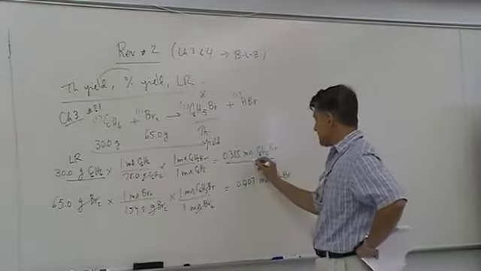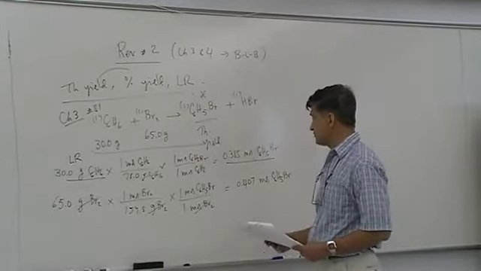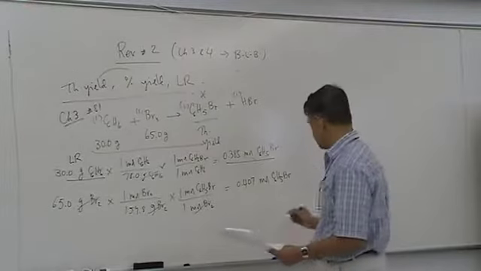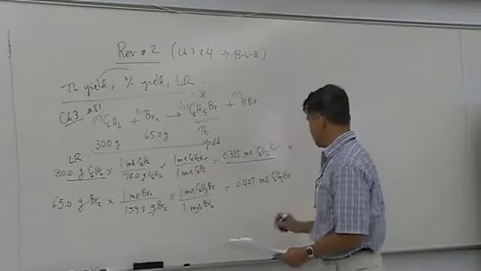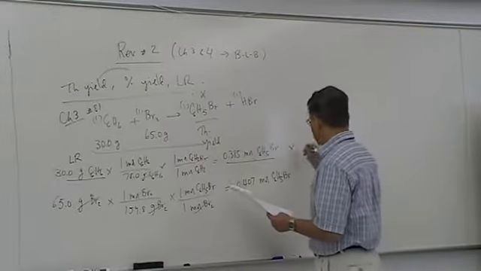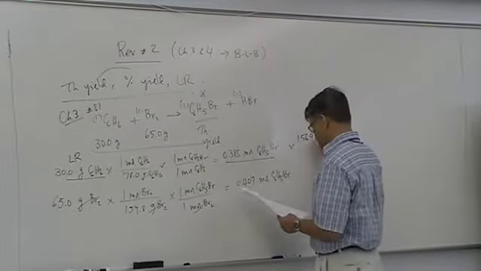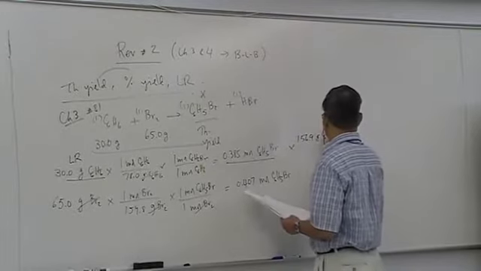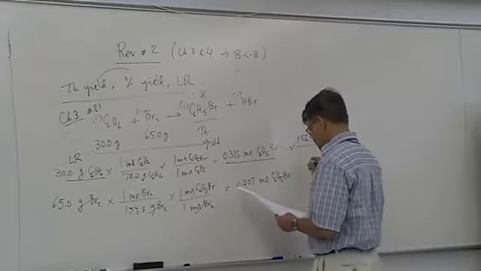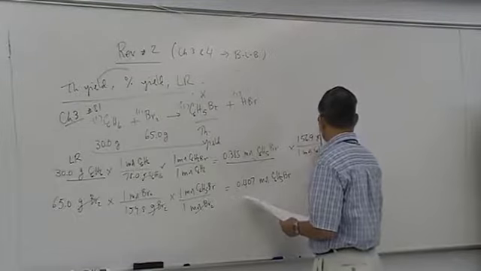So this is theoretical yield in mole. Now let's get it in gram, because most often we ask the question to calculate theoretical yield in gram. So let's now complete that calculation. This is 156.9 gram C6H5Br divided by 1 mole C6H5Br.